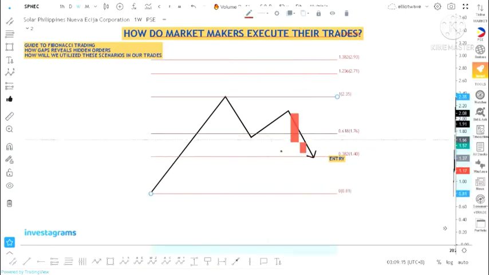So we always wait for this level to be tested, and once we observe that the price made something like this, a wick or somewhat a doji, meaning the price has indecision on this level, the price more likely has respected this Fibonacci level.